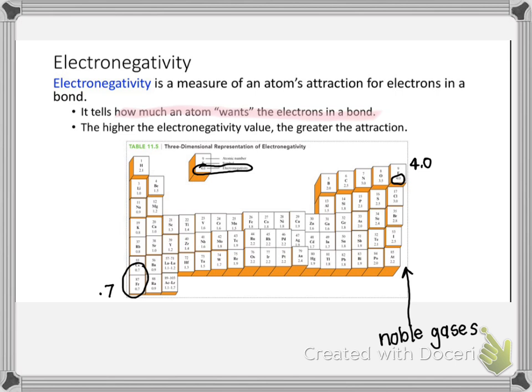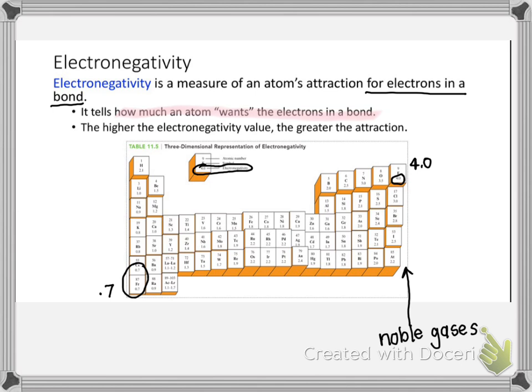Okay, well, let's look at the definition. The electronegativity is a measure of the atom's attraction for electrons in a bond. Noble gases in general are not going to participate in bonding because they already are stable with 8 valence electrons. So the noble gases don't make it onto the electronegativity chart.